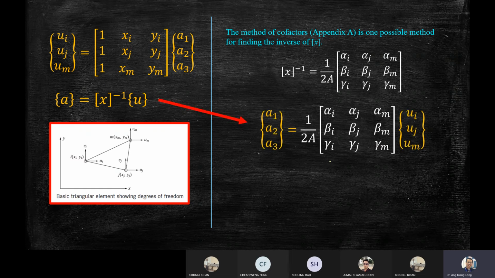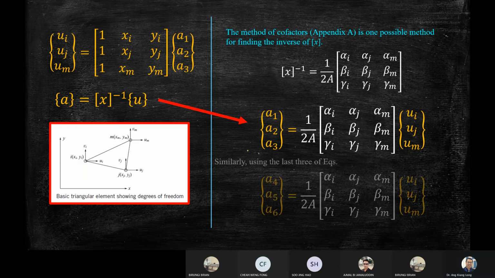Next, if you want to calculate A1, A2, A3, you just substitute the definition that we derived just now, because the inverse of x was given by 1 over 2A and the 9 alpha, beta, gamma numbers here, times ui, uj, and um.